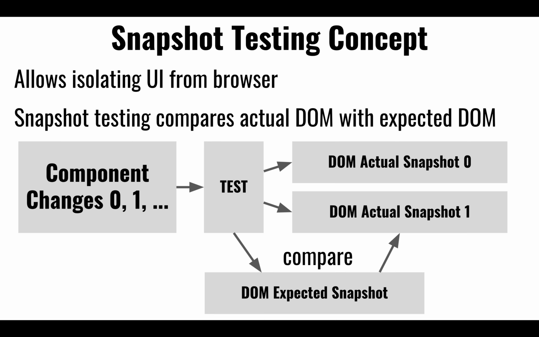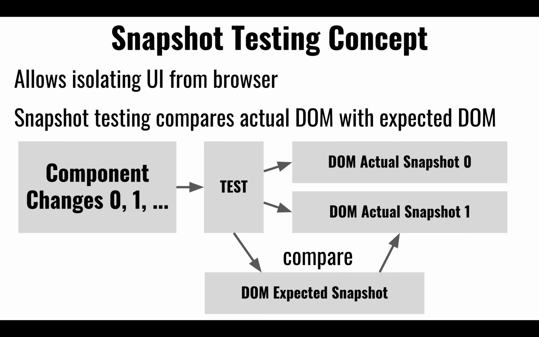So we need an objective way to measure this. Somehow I need to represent the page that I'm expecting, compare it to the page that is actually being rendered, and make a comparison between the two.